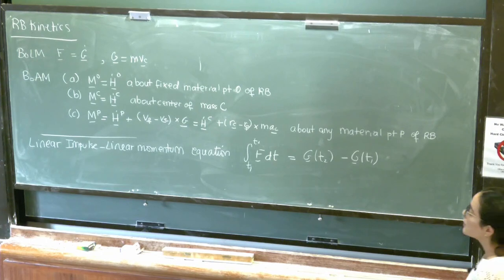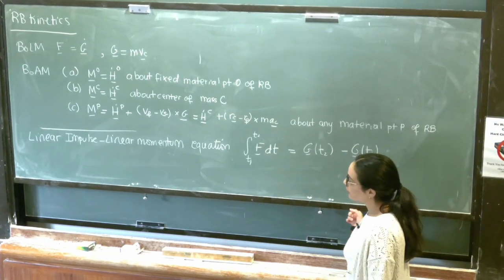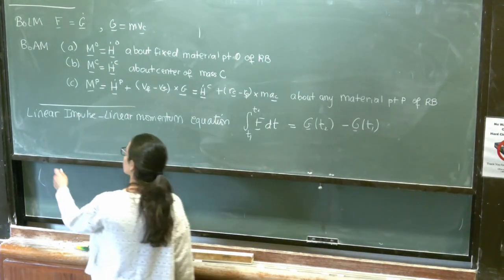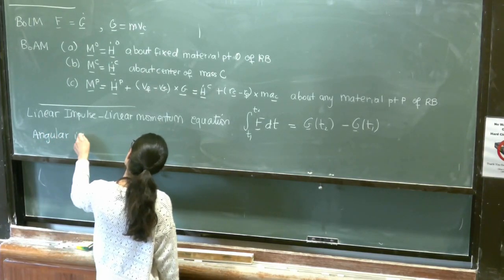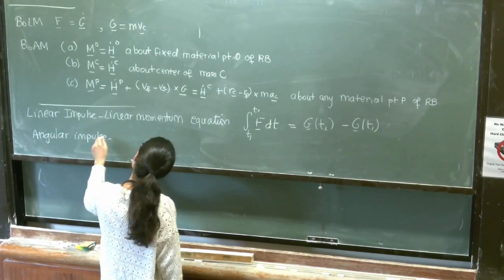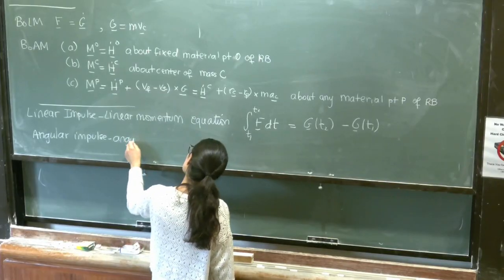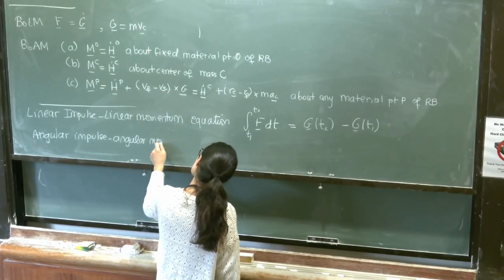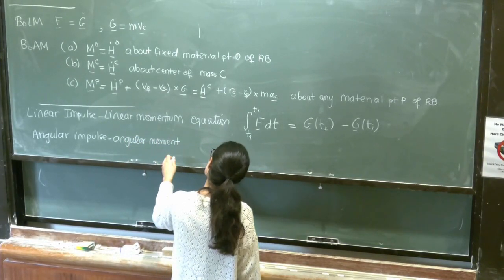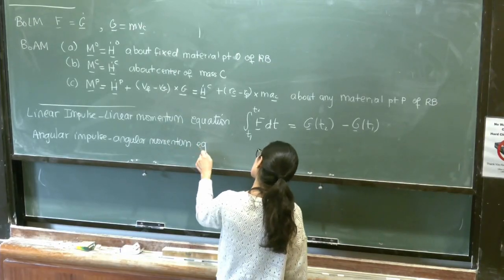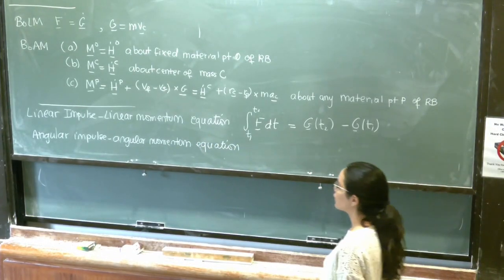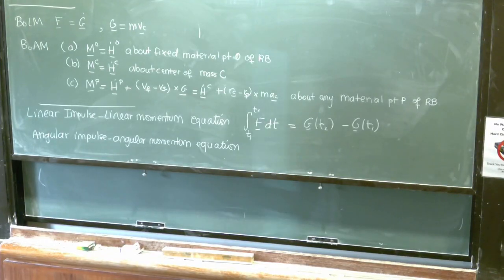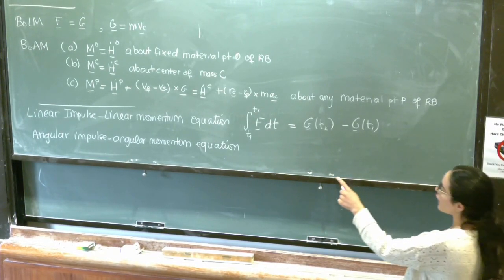Okay? Now for the angular impulse, angular momentum equation, we will have 2 forms corresponding to A and B above.